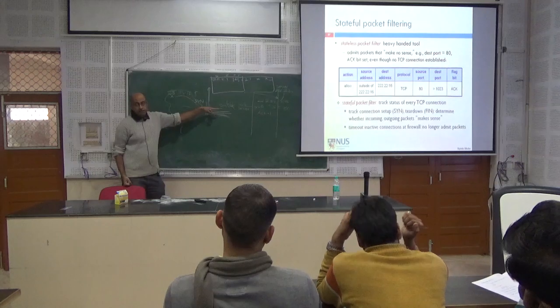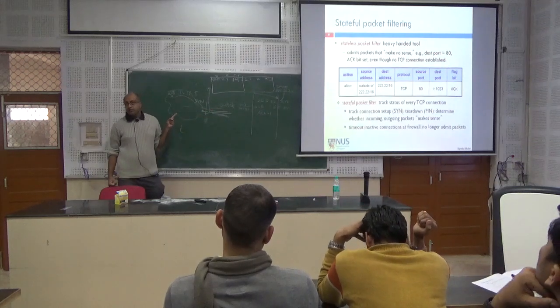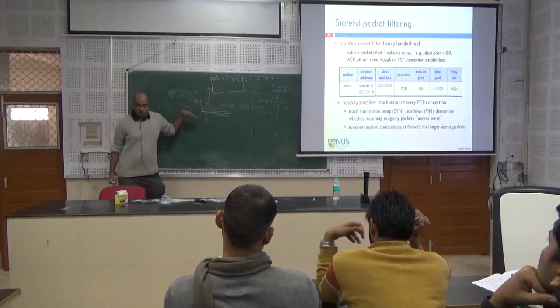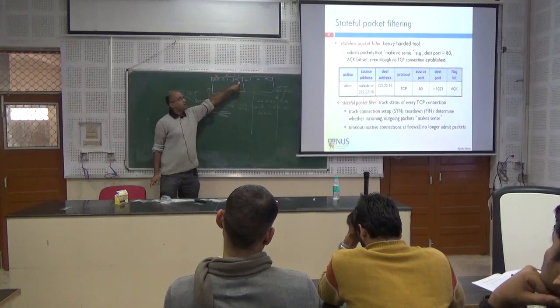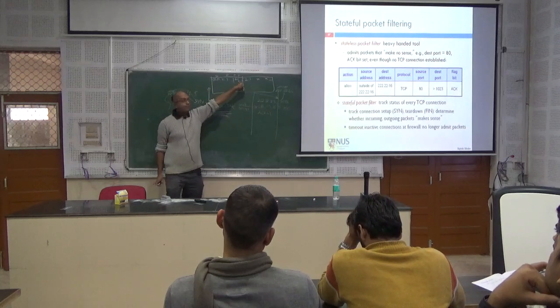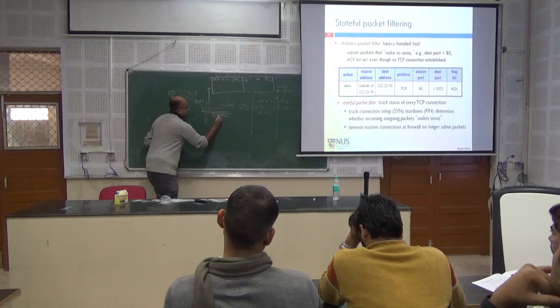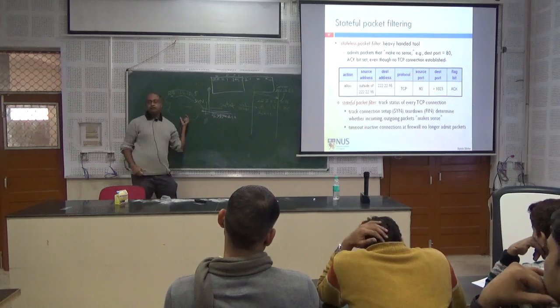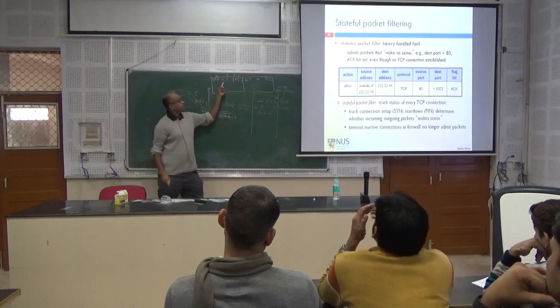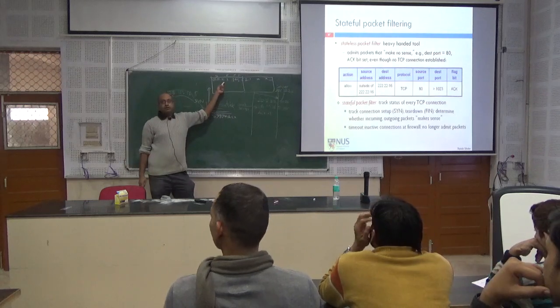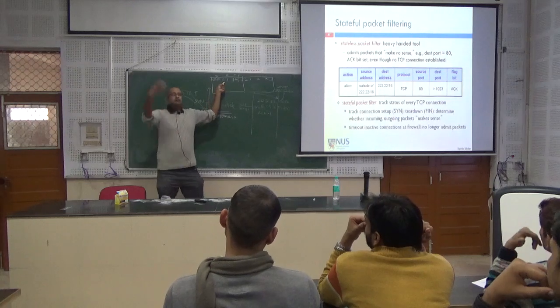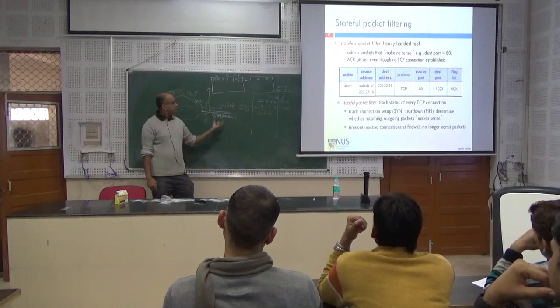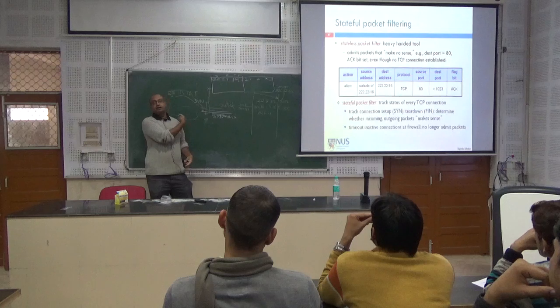So you send a SYN, connection has not been established yet, but I know that somebody from inside is trying to establish a connection. Now when the SYN plus ACK comes back, before I let it inside, I will first check this table. Did somebody from inside actually try to connect outside? If yes, then I will let it in.